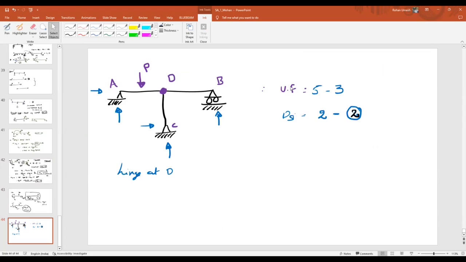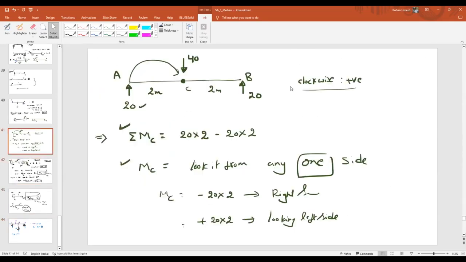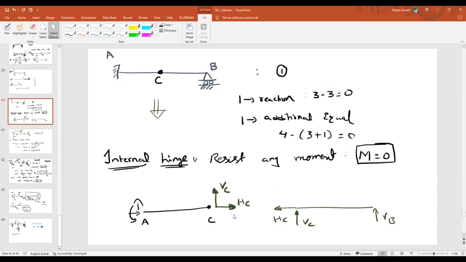Sir, here 3 members at a point D, sir. Okay, there are 3 members at a point, but the question is why? No idea, sir. Come on, think about it. Why? I have already the answer here. Let me write it for you. The answer is here.